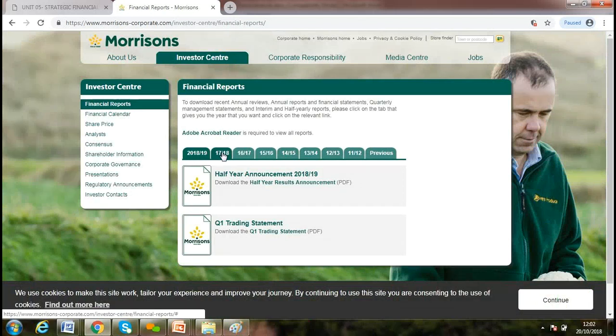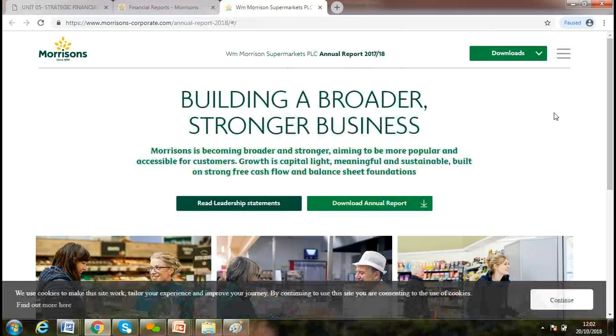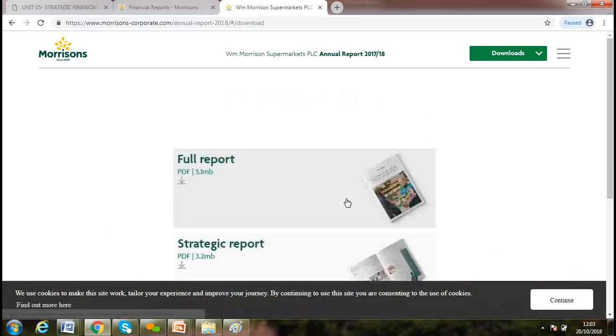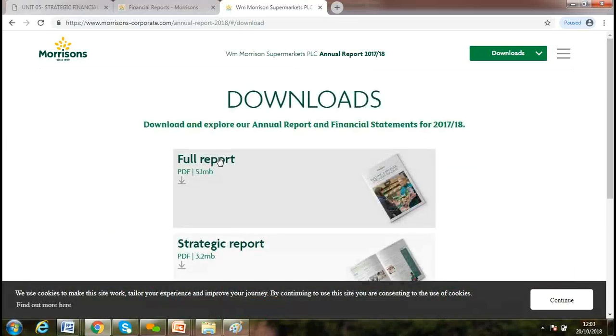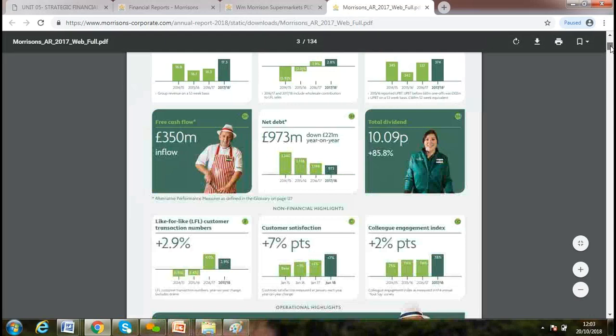If you want half yearly or full yearly, you can find, like, 2017. We can click here on the annual report to find the financial statement of Morrison. I'm going to download the financial statement of Morrison. If you want the full report, you can download it.